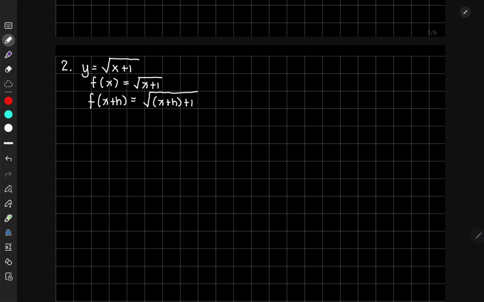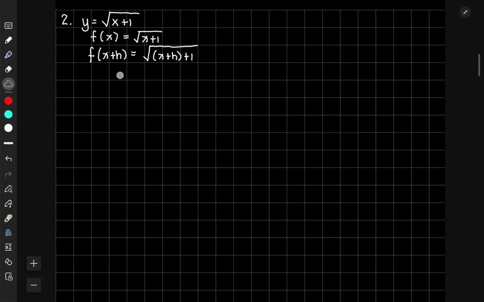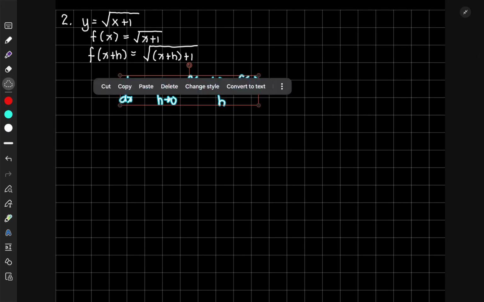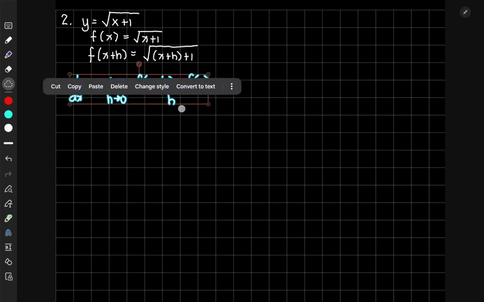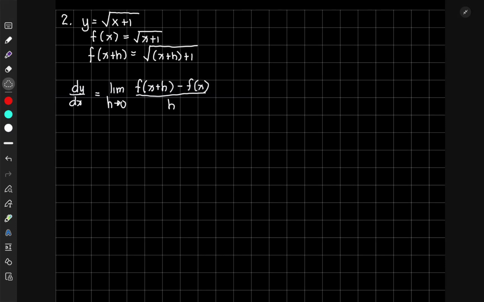And from yung formula ng derivative kanina, which is ito, we have the dy over dx that would be equal to the limit of f of x plus h minus f of x all over h as h approaches 0. So substituting yung mga values ng f of x natin, and we also have f of x plus h.